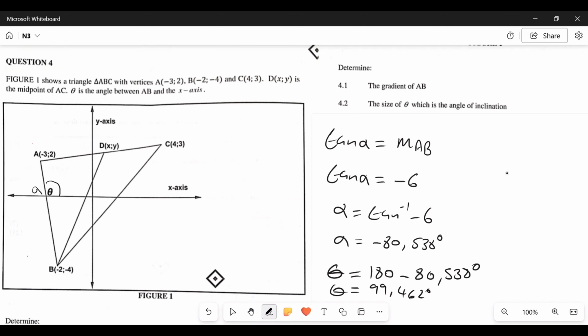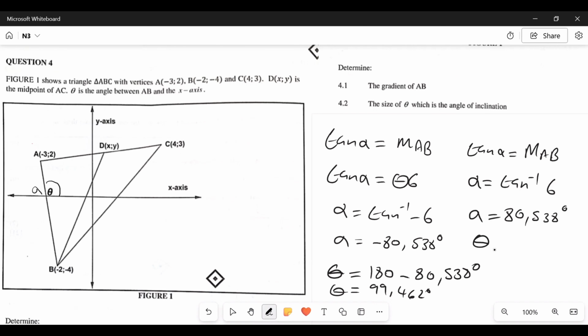Another way of doing this: you can exclude the negative there, and then you write tan alpha is equal to gradient AB. If we exclude the negative, we write alpha is equal to arctan 6 instead of writing the negative there. And then obviously this gives us the angle 80.538 degrees.